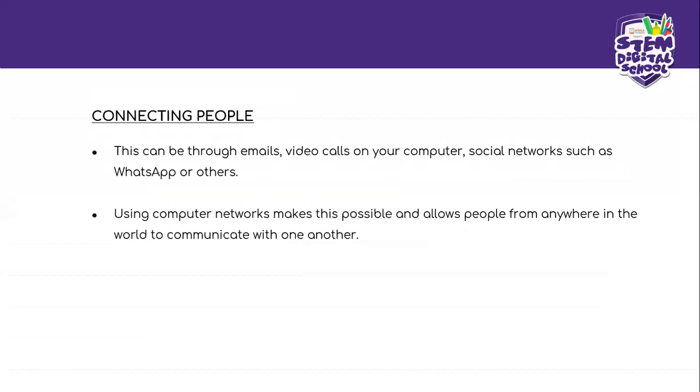This one you know. I do not need to explain. If you are saying, ma'am, please explain this one, you can raise your hand. I can explain, but I trust you know this. Connecting people, we are connected.